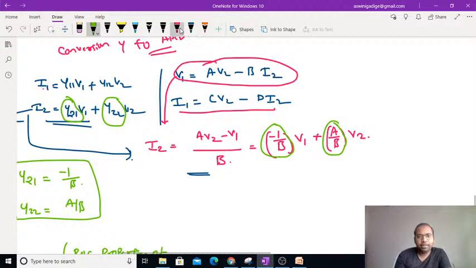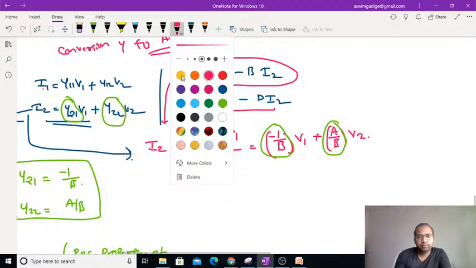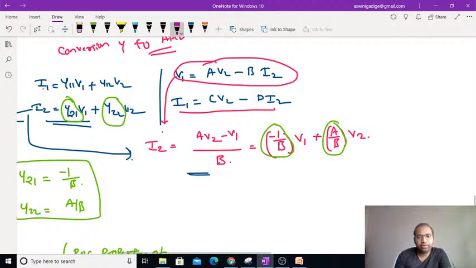Whatever expression of I2 you got here, substitute this expression in this I2.